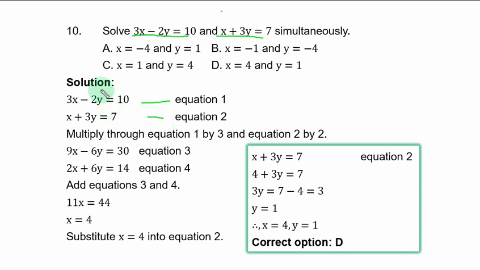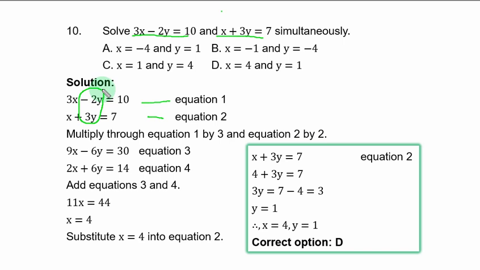To do that, variable y must have the same coefficients in both equations. Currently, the coefficients are 2 and 3. You have to make them to be the same. To achieve that, you find the LCM of the current coefficient 2 and 3, and that is 6.